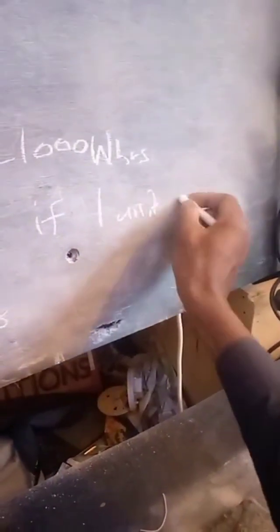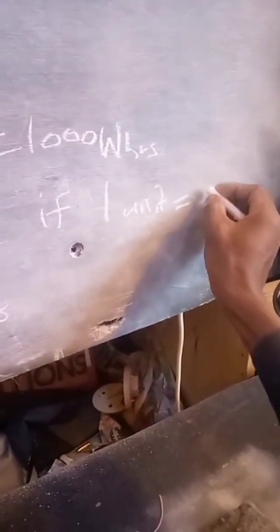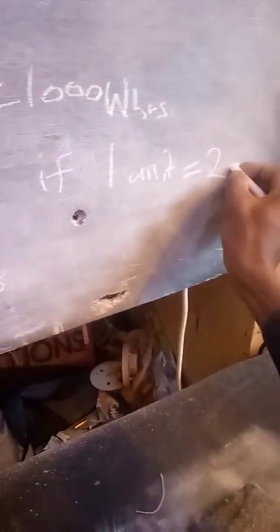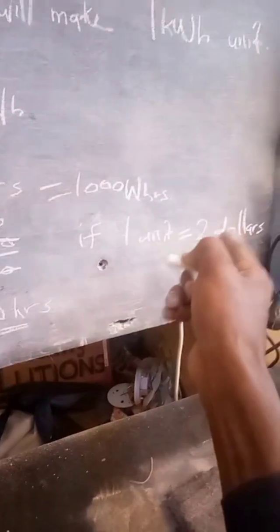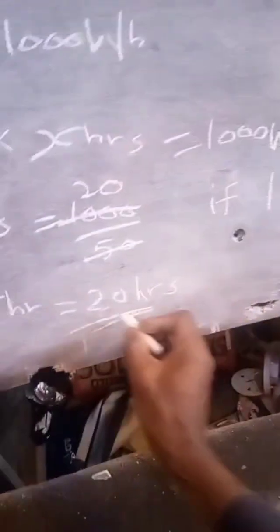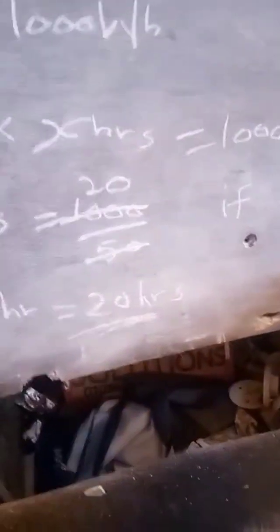So if 1 unit is equal to $2, then after 20 hours I'll be able to pay $2 for my 1 kilowatt hour of power.